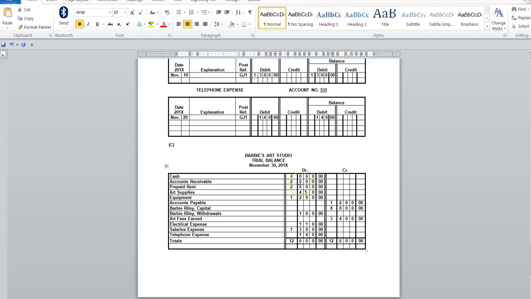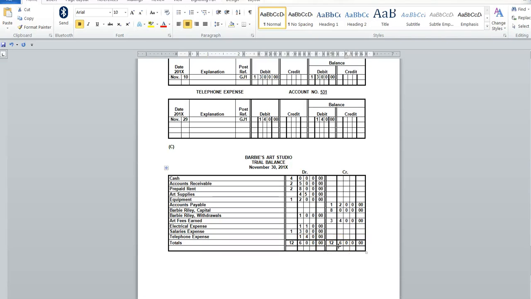So there's the 25 and the 28 and the 450. So those are all your assets. There's your liability. There's your equity account. There's the negative equity account of $100, and these are the revenues here, which are credit balance items, and the three expense accounts, and they do prove to $12,600.